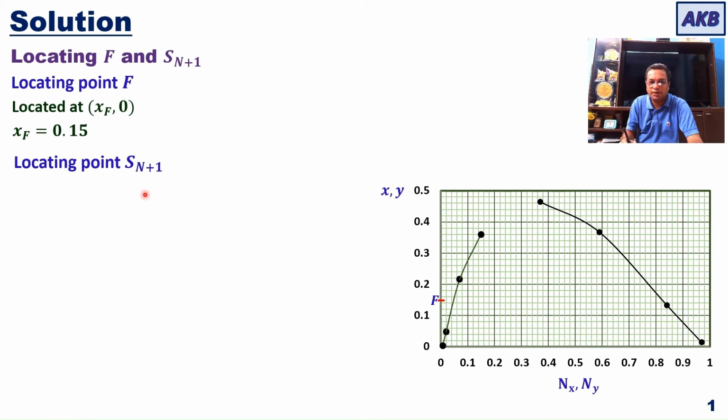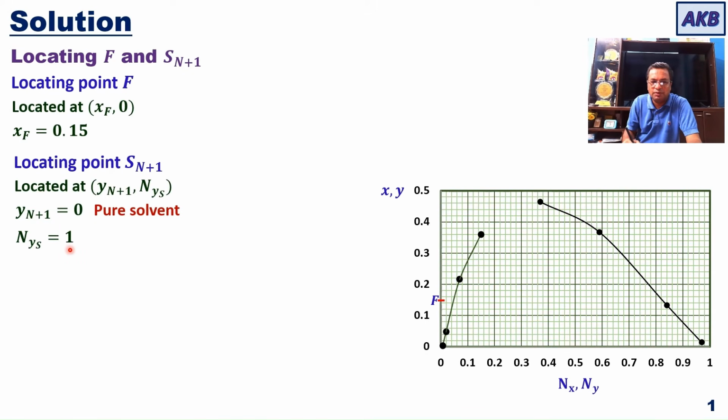Then we have to locate point S(n+1). It will be located at y(n+1), N_S, where y(n+1) is the weight fraction of C in the solvent and N_S is the weight fraction of B in the solvent. Since you are using pure solvent, y(n+1) is 0. Therefore, it will just contain B, and that's why N_S will be equal to 1. That means point S(n+1) will be located at 1, 0.